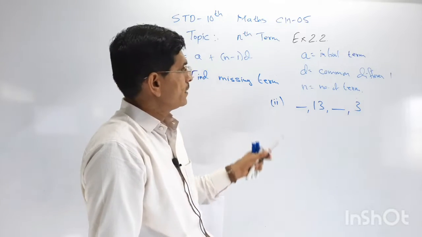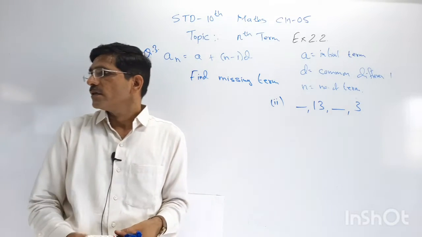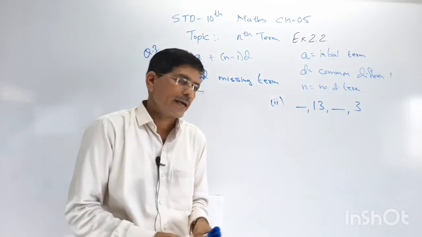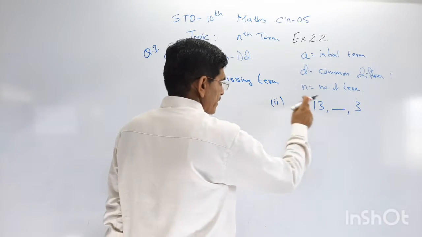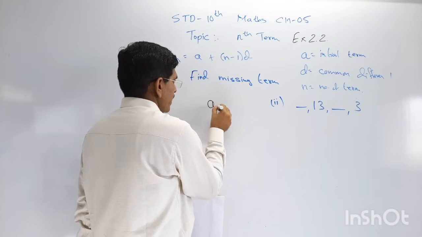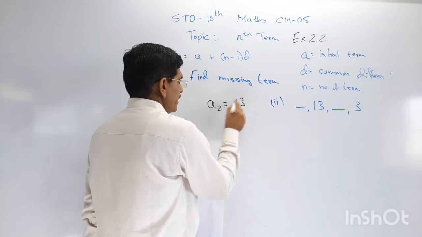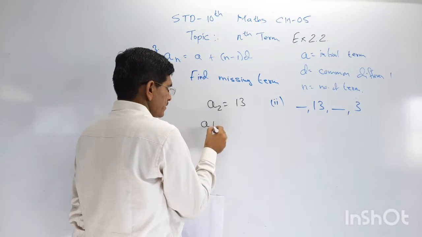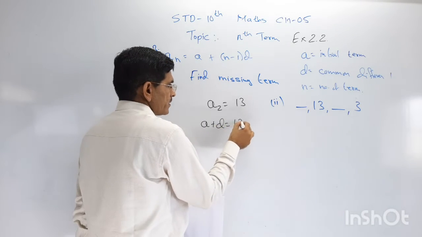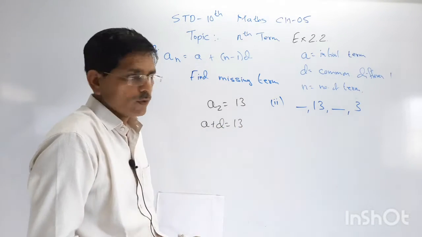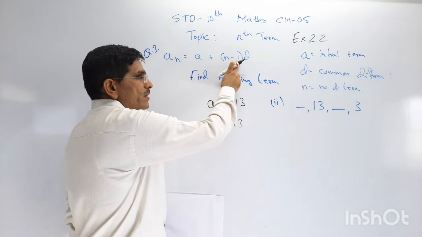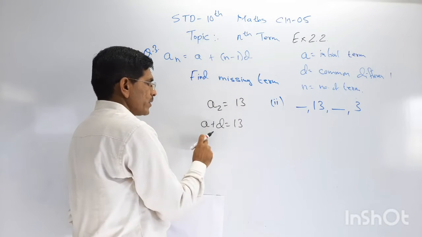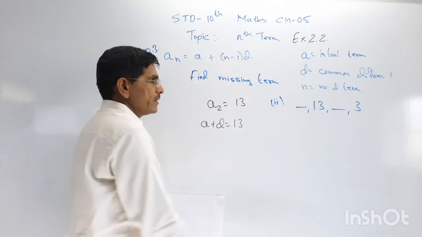Now the second one: dash, 13, dash and 3. That is the first term, that is the second term. A2 is equal to 13. A2 means A plus D, always remember: A2, 2 minus 1, that is 1D. So A plus D is equal to 13.